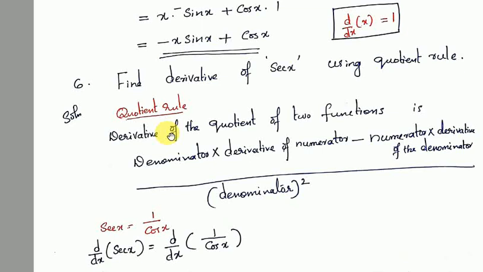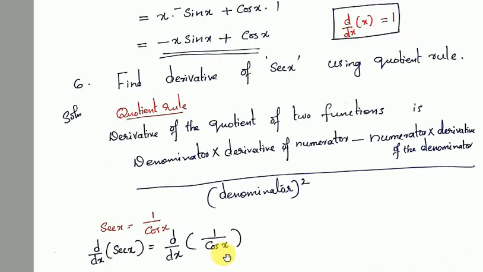So what is the quotient rule? The derivative of the quotient of two functions is, an easy way to remember it in words: denominator into derivative of numerator minus numerator into derivative of denominator, whole divided by denominator square. So what is the numerator? 1. Denominator: cos x.